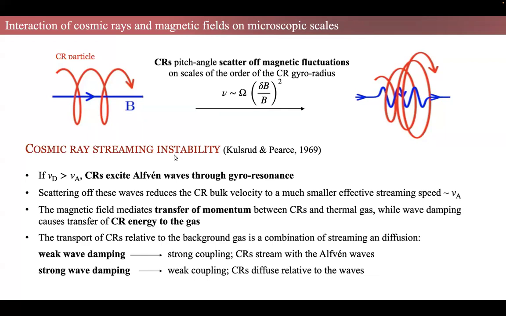Now, this entire process of cosmic ray scattering allows cosmic rays to interact with the thermal gas. As cosmic rays couple to the scattering Alfvén waves, the magnetic field mediates transfer of momentum and energy from the cosmic ray population to the thermal gas.